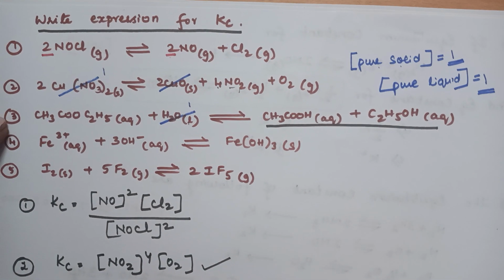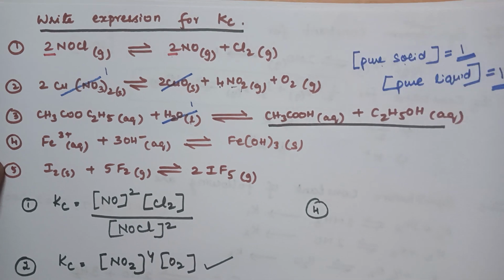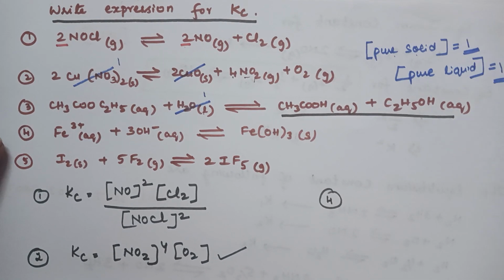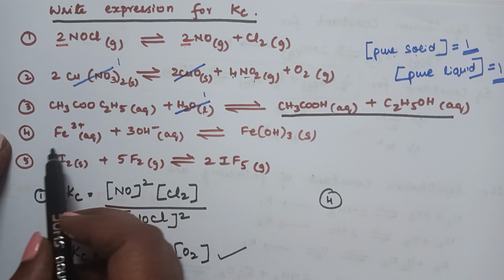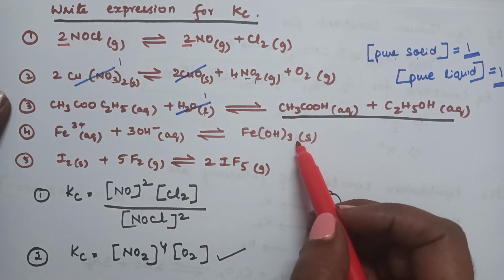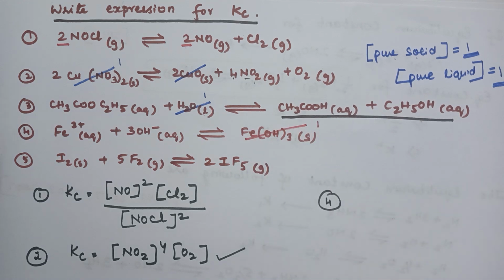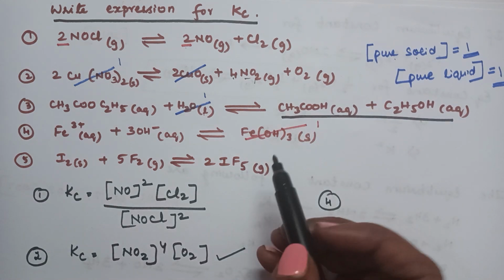Next, the fourth one. You can see Fe(OH)3 is a solid, so it becomes 1, and there is no need to write it in the expression.